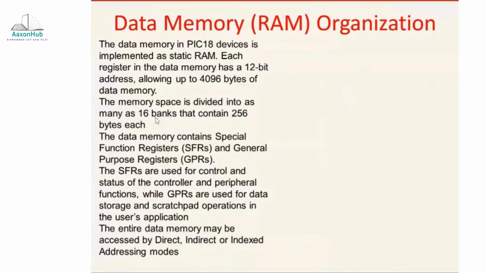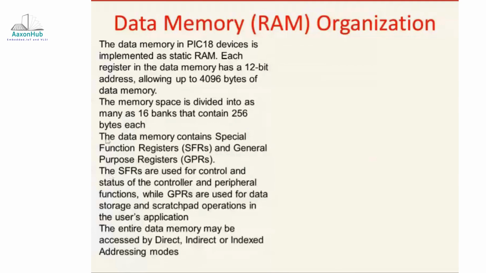Total 16 banks are there, and every bank is 256 bytes. To access the data memory content, the special function register as well as the general purpose register can help you.